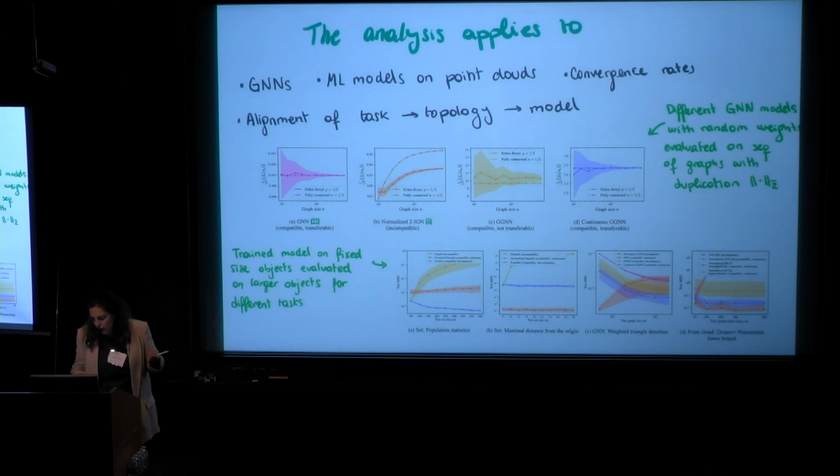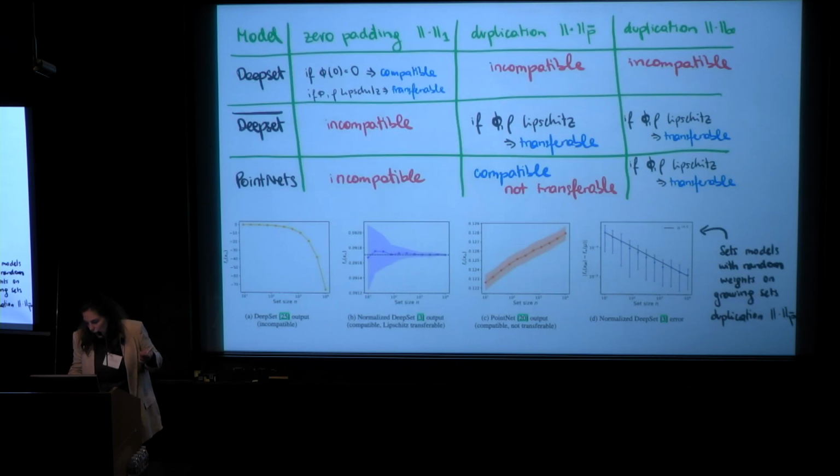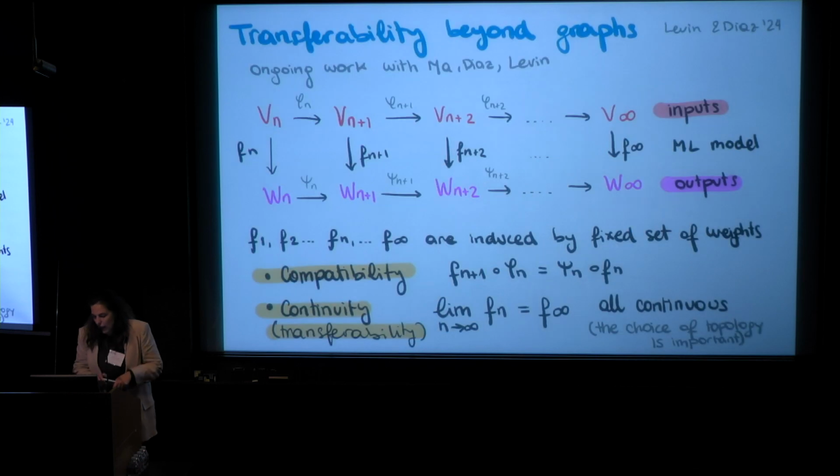Something interesting to mention here is that when your models are equivariant with respect to a group action, there's something called representation stability, which tells you that the number of parameters you need to define all the linear equivariant functions stabilizes with the dimension.